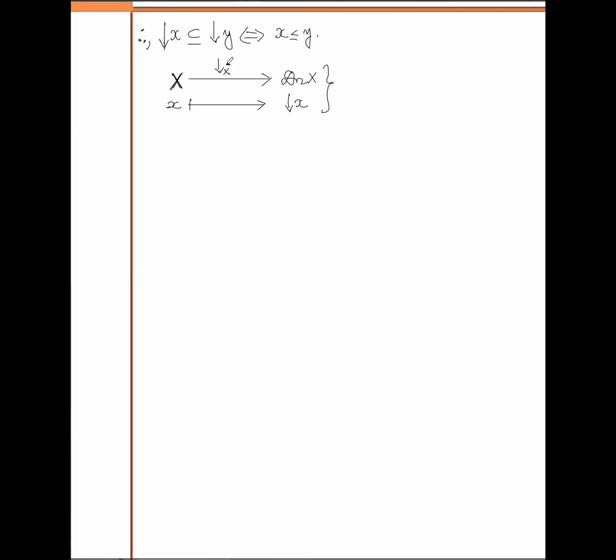So this blank space is being filled in by this X. So this is a nice map which takes X to the downset of X, the principal downset containing X. Furthermore, this tells us it is injective and order preserving.